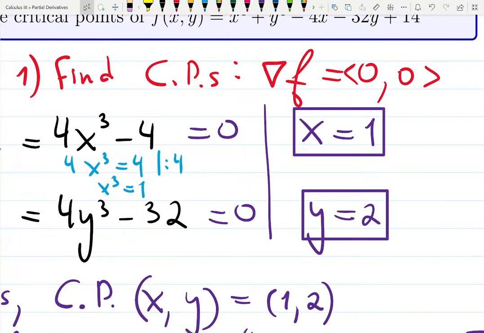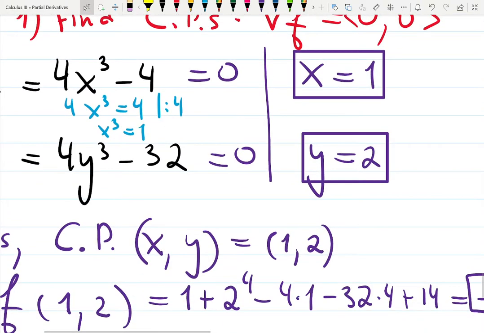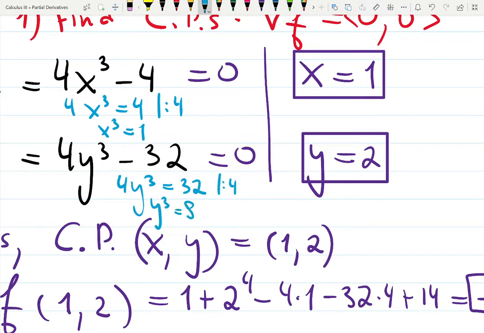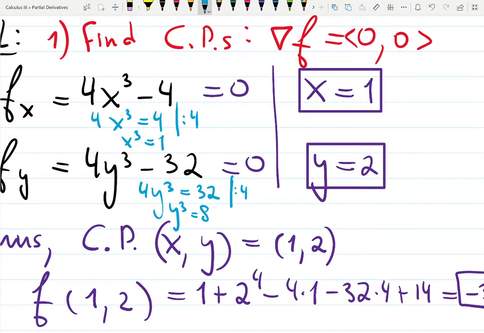Cube root of 1 is 1. And the second one is 4y cubed is 32. Divide by 4. Y cubed is 8. Take a cubic root of 8. That is 2. Make sense? Yeah, I was wondering if someone was gonna ask about the details. Did it help?